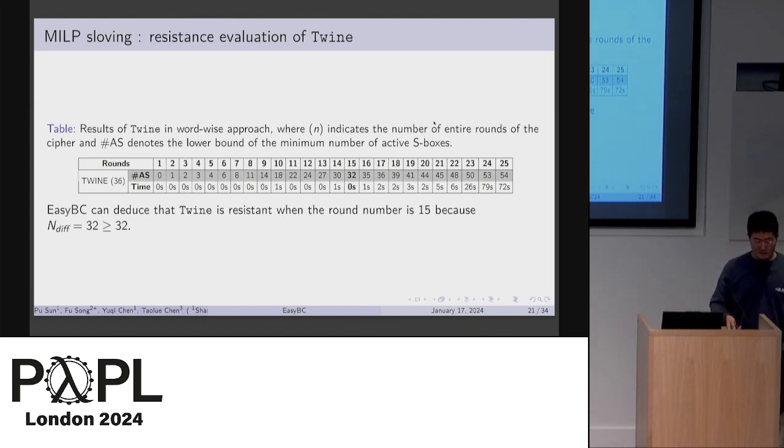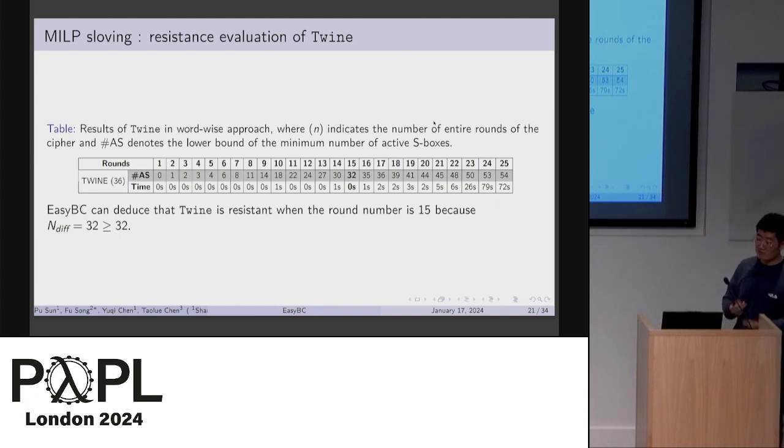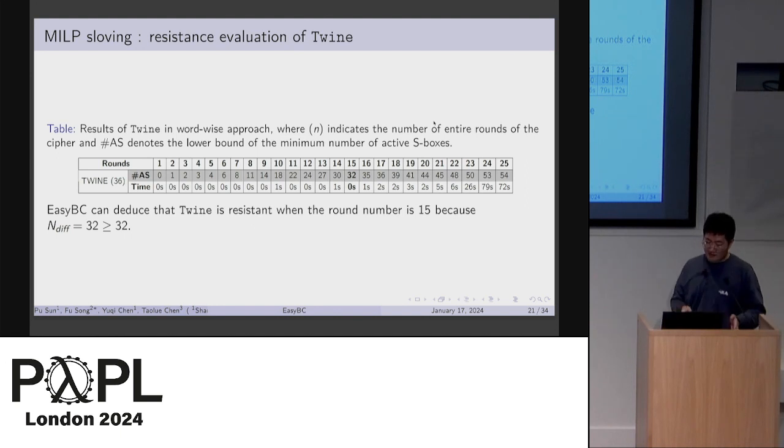By using the solver to solve the corresponding constructed models, we got the result as shown in this table. And from the table, we can know that when the round number is 15, the cipher is secure enough, since 32 is larger than or equal to 32.